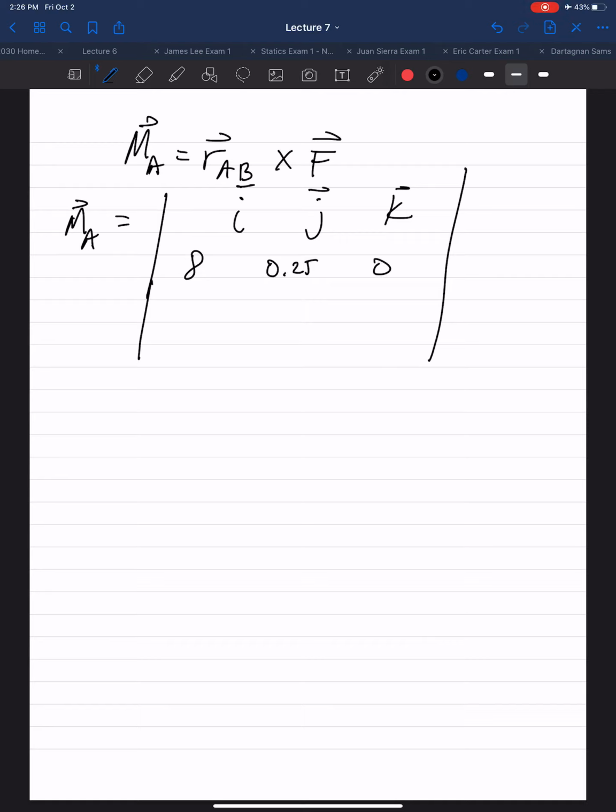F was given as 400i, negative 100j, negative 700k.